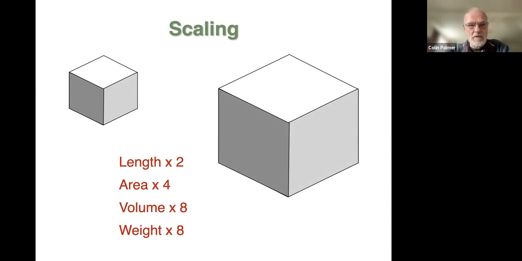This is what engineers refer to as the square cube law, and it's also called isometrics, but it's fundamental scaling. This is nothing peculiar to paleontology, biology, or anything else. This is just physics. This is how things are. And it has all sorts of implications in the human-made world and also in the natural world.